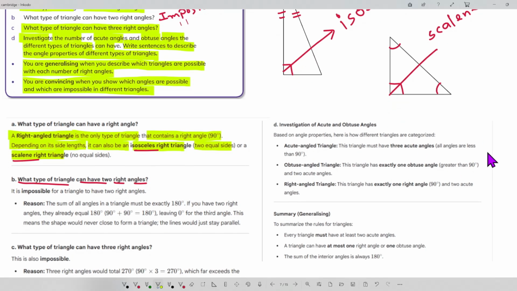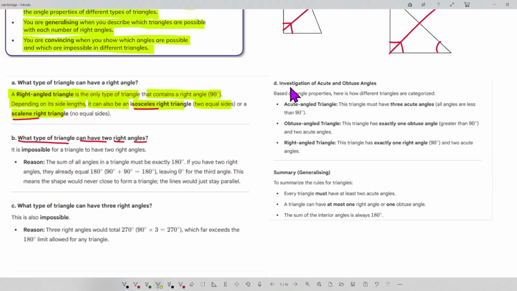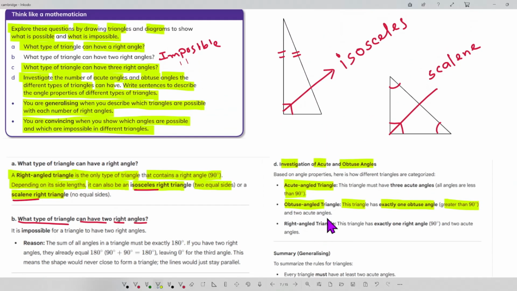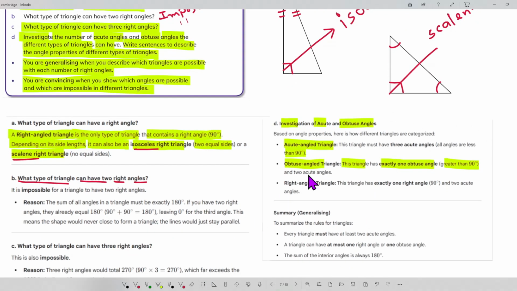So this one, first we have to understand investigation of acute and obtuse angles. So acute angles are those angles which are less than 90 degree. An obtuse triangle has exactly one obtuse angle greater than 90 degree. Now look, here two diagrams, we can differentiate this one first.